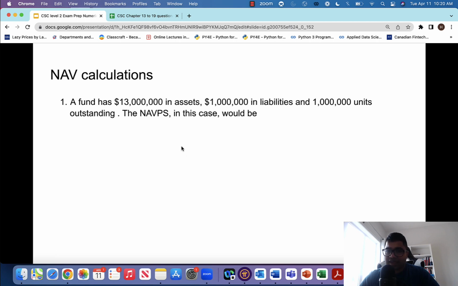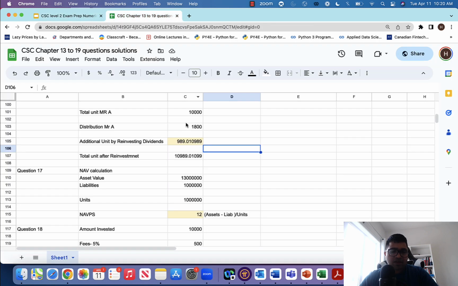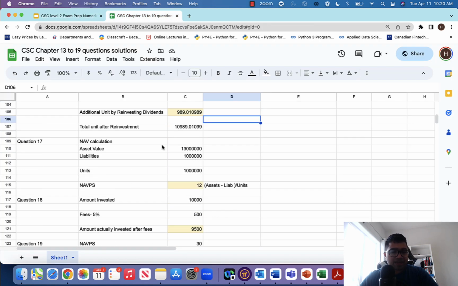Next one is NAV calculations. The fund has 13 million in assets, 1 million in liabilities, and 1 million units outstanding. The NAV per share would be, so how do we calculate NAV? Asset value is given, 13 million, liabilities 1 million, units outstanding 1 million.